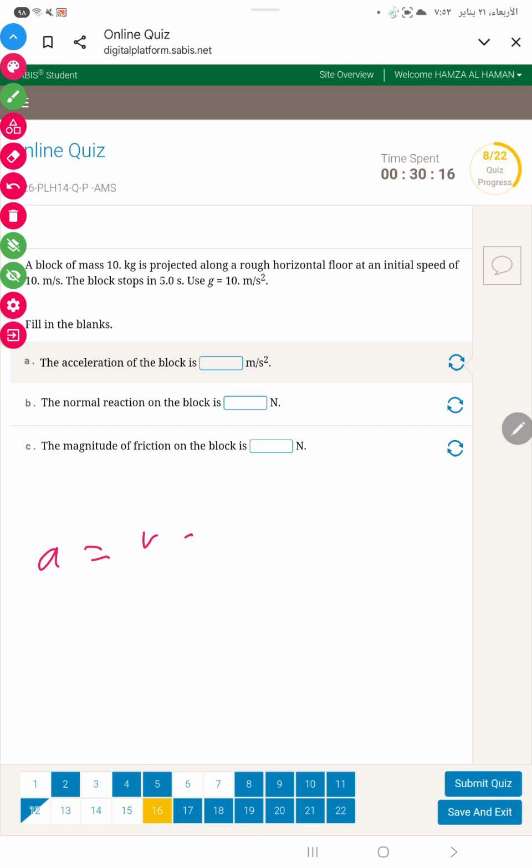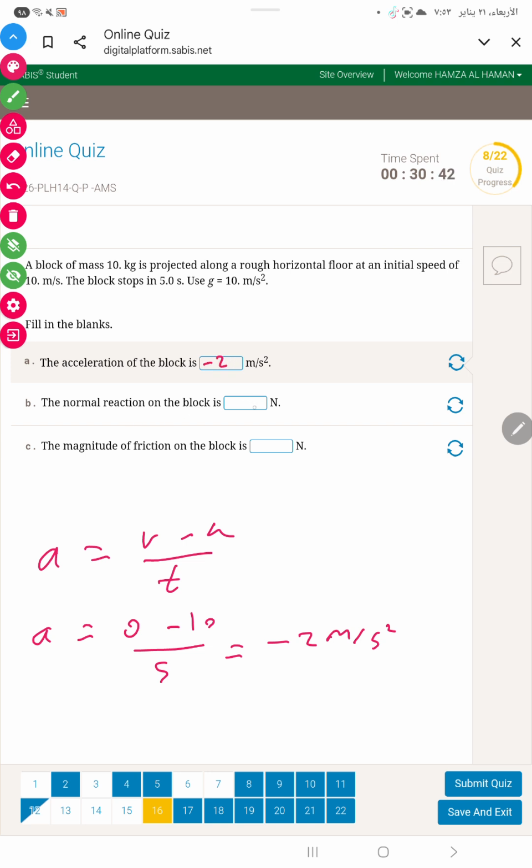Acceleration is equal to v minus u over t. Final velocity is 0, it stops. Initial velocity is 10. The time 5 seconds. So this is negative 2 meter per second squared. So the acceleration is negative 2 meter per second squared.